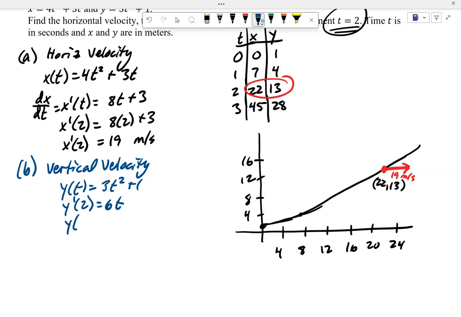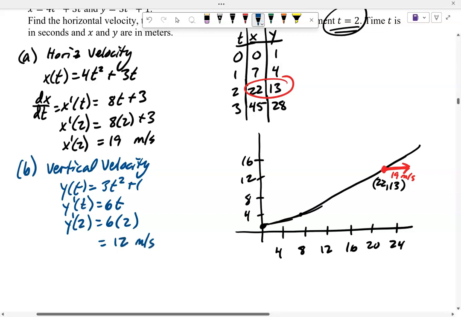We want it at the time of 2, so we got 12 meters per second. Okay, so the vertical vector is up 12 meters per second. And I could also draw this horizontal one up here if you wanted to.